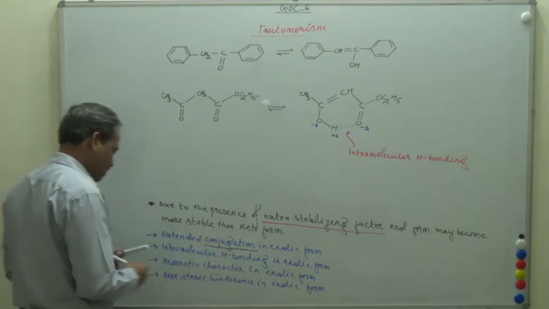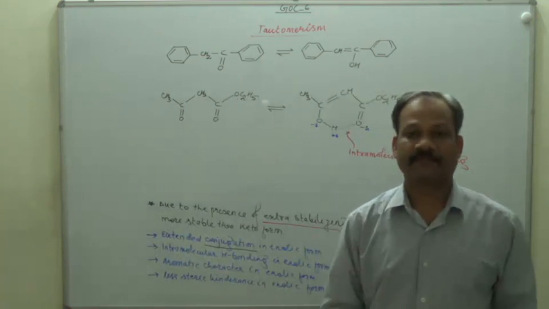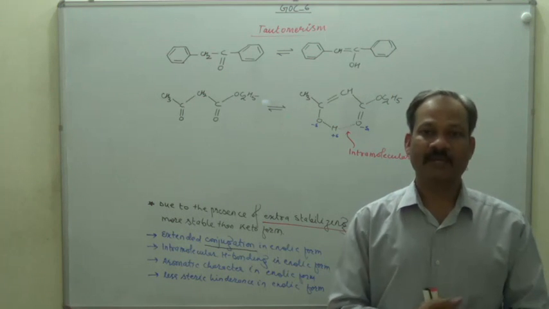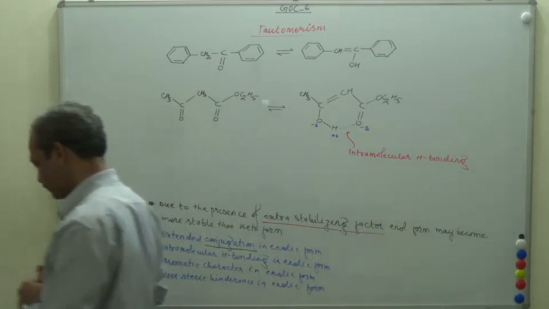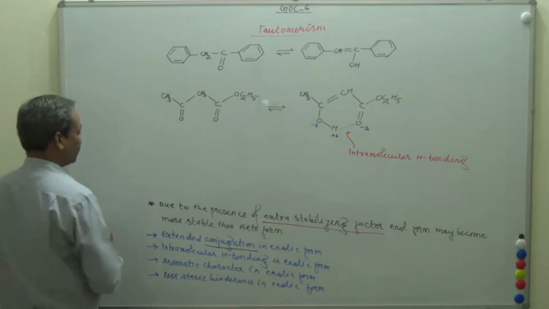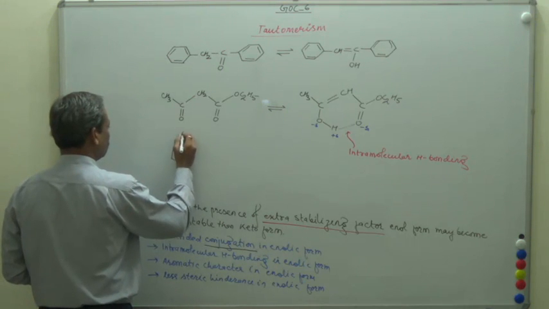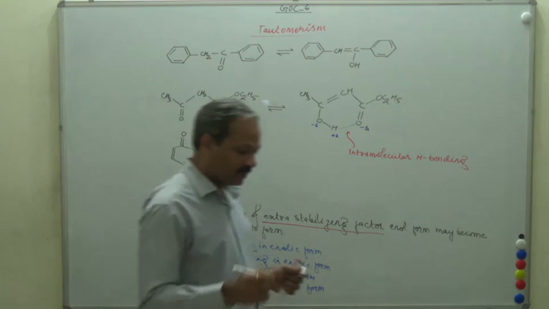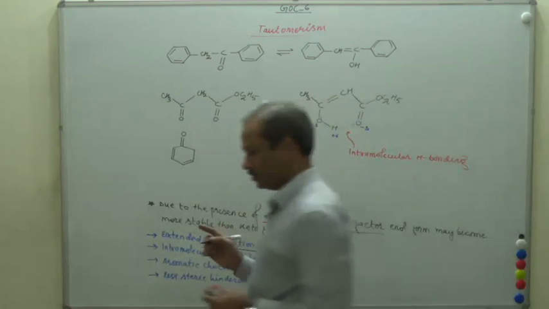Aromatic character means the presence of a benzene ring or benzene type ring. For example, a benzene ring or benzene type ring means there should be a 6-member ring with 3 alternate multiple bonds.